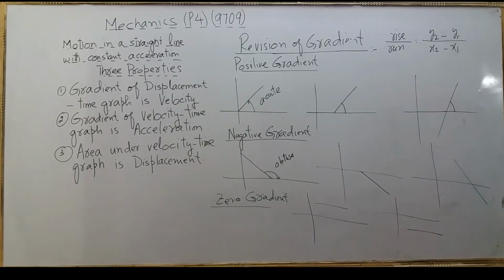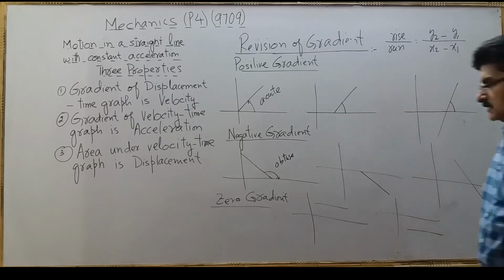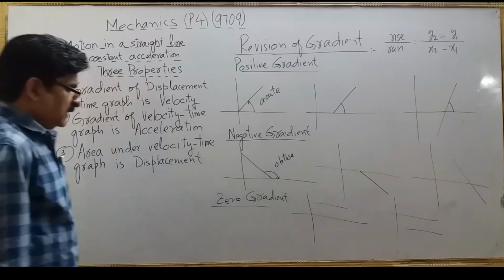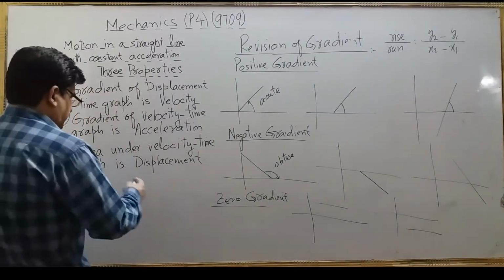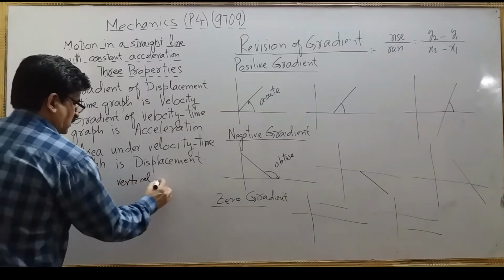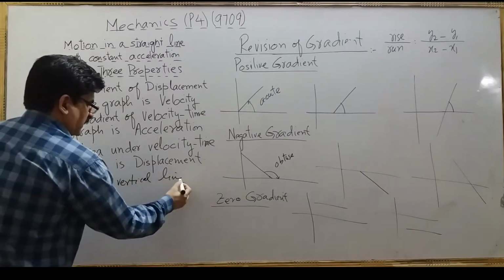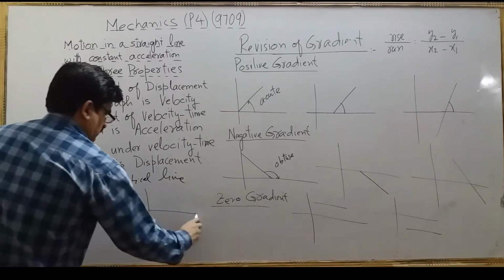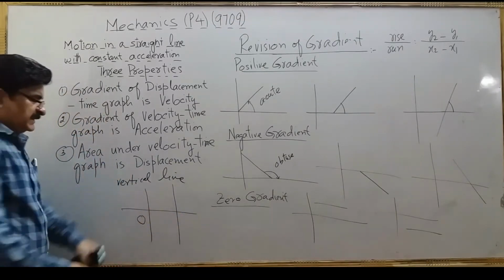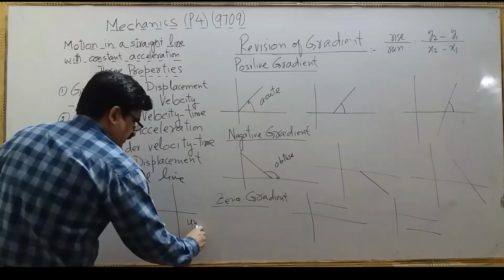The gradient will be 0. And lastly we have undefined gradient for a vertical line. When you have a vertical line, meaning parallel to the y-axis, its gradient is undefined.